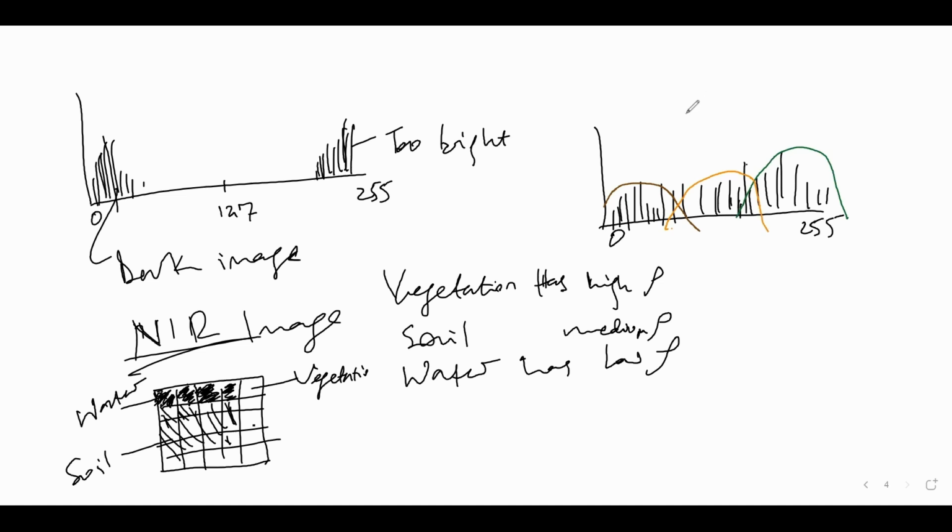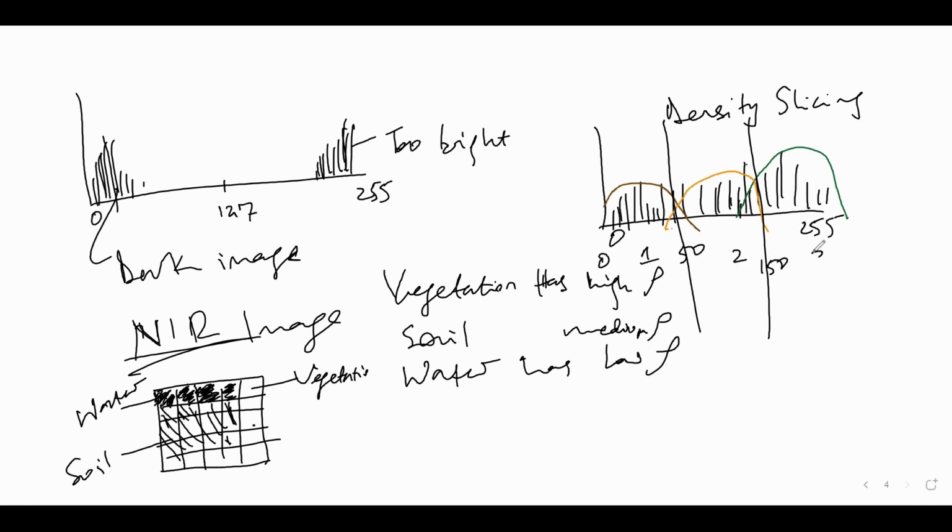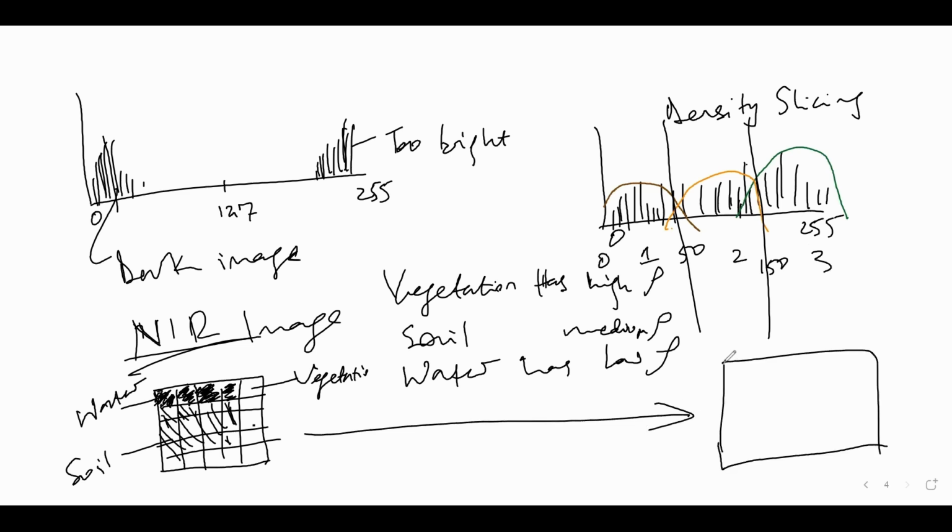So we can do what we call density slicing. The idea behind density slicing is that instead of having all these values, we can say from 0 to 50, assign all values a value of 1, all values from 50 to 150, assign a value of 2, and everything above that assign a value of 3, so that our resultant image will only have values 1, 2 and 3.